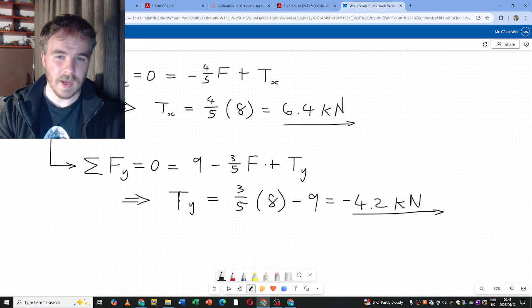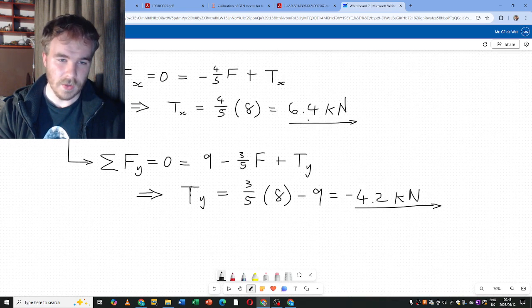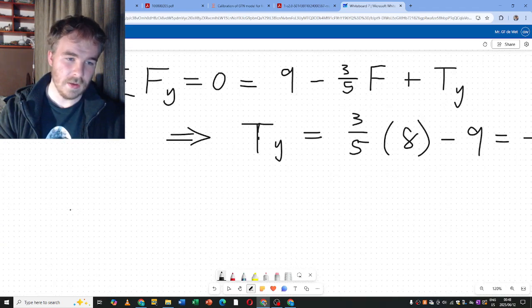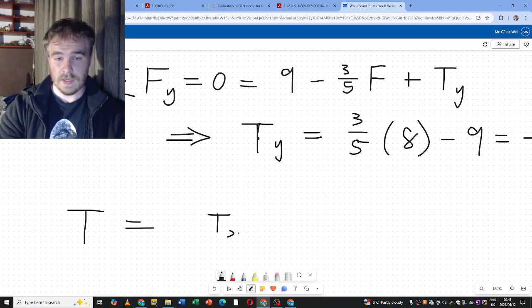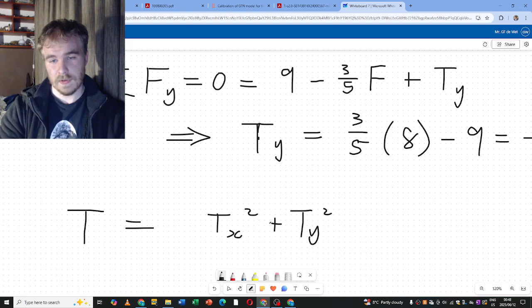We now have the two components. So now we can go and calculate T, and we can say that T will be equal to the root of Tx squared plus Ty squared.